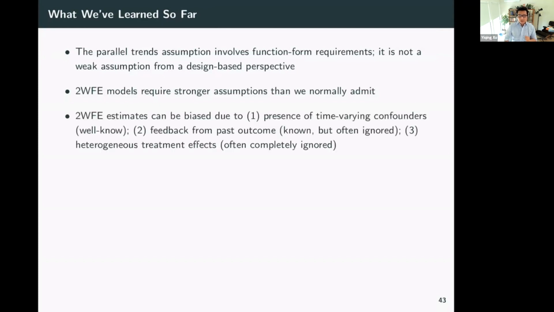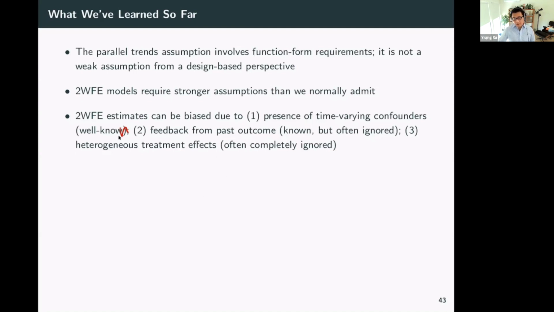If you have time-varying confounders, which is well known, or if you have feedback, then you will have biased estimates.